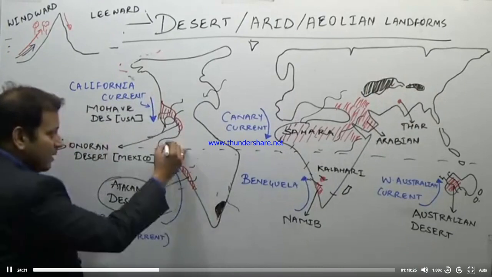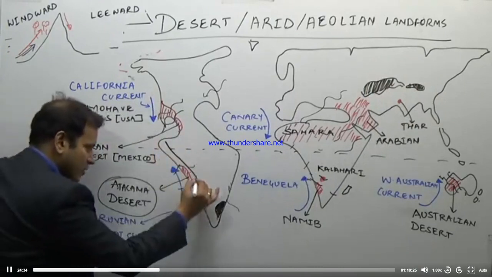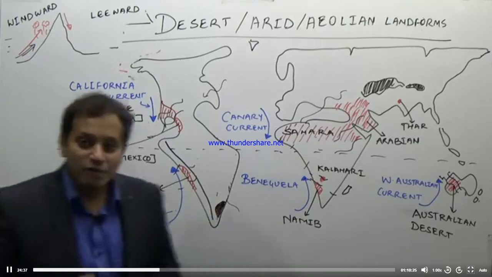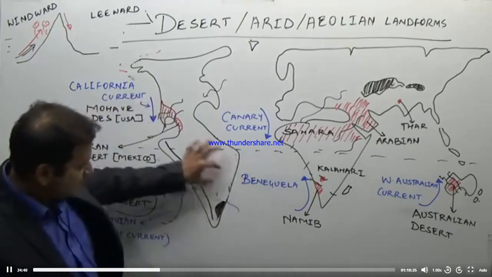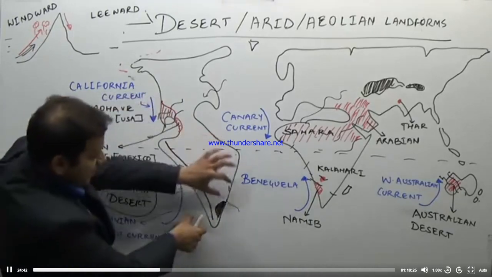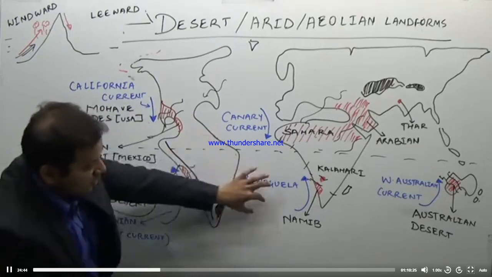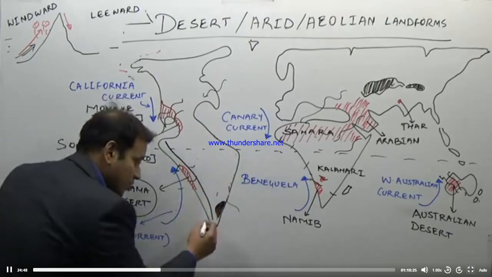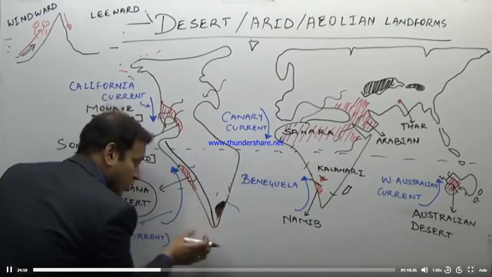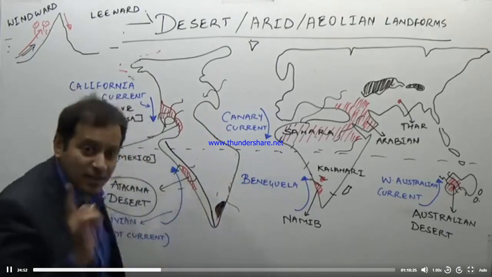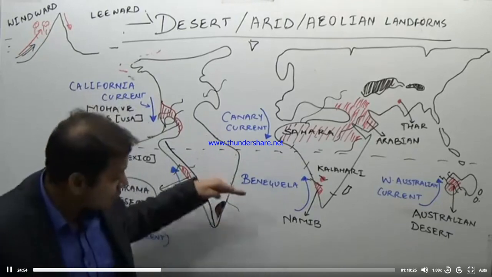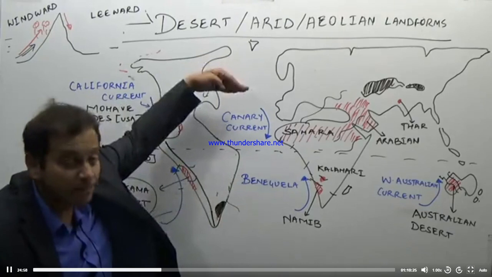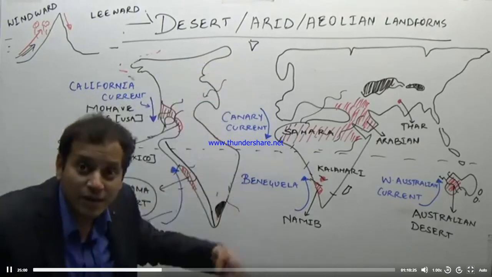Why is the Patagonia Desert there? Which is the mountain system here? Andes mountain system. So the winds, this is a trade wind belt, this is a westerly wind belt. Trade winds are from east towards the west. Westerly is from west towards the east. So the westerly winds cannot cross the mountains, and now they do not lie in the tropical belt, they lie in higher latitudes, temperate belt, and therefore there are cold deserts.